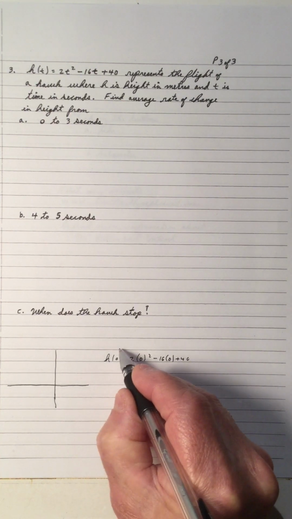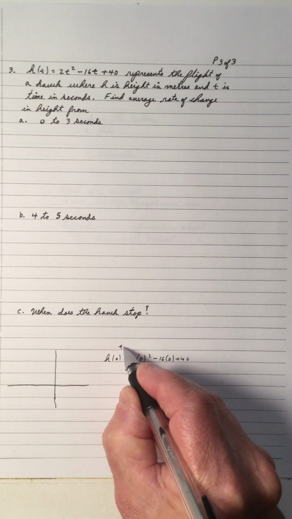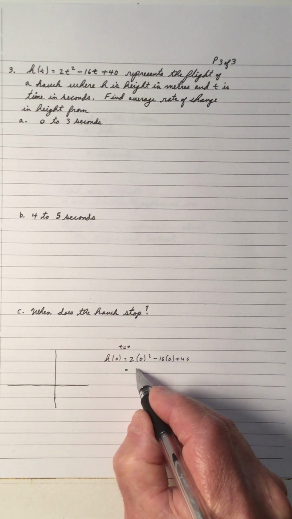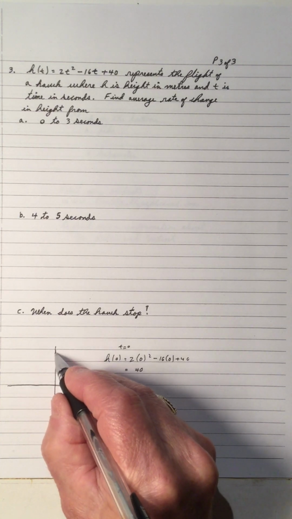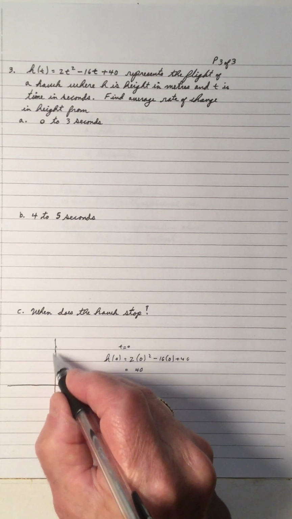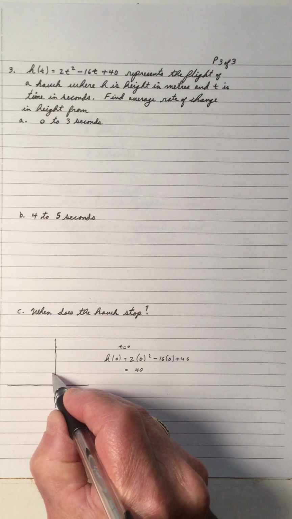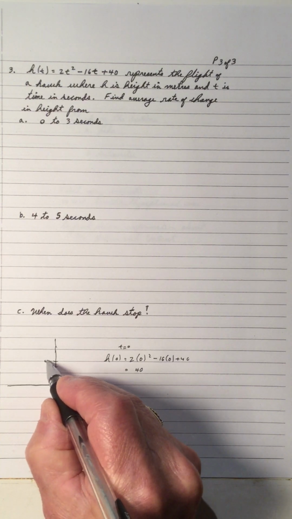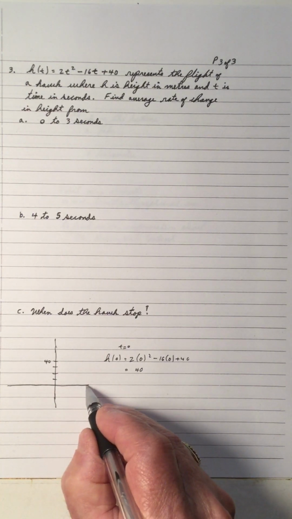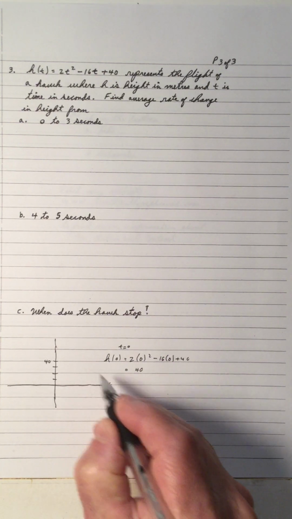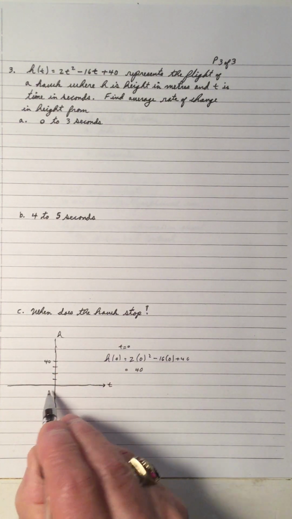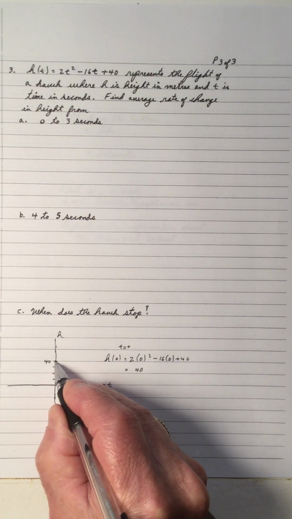So when the time is 0, the height is 40. Let's put 40 right here. This is t, and this is height.